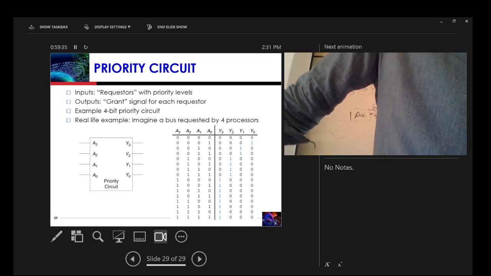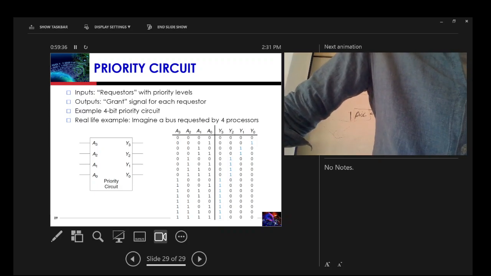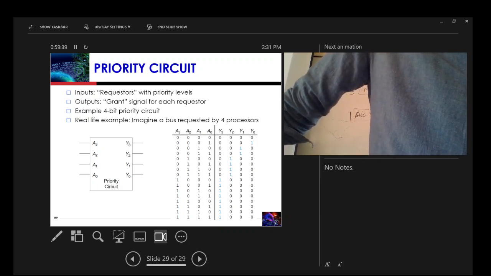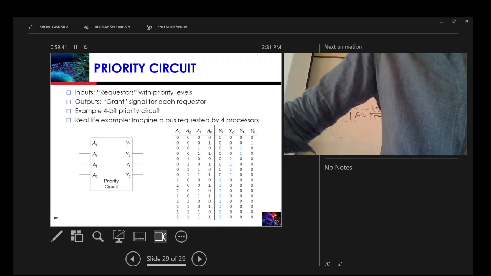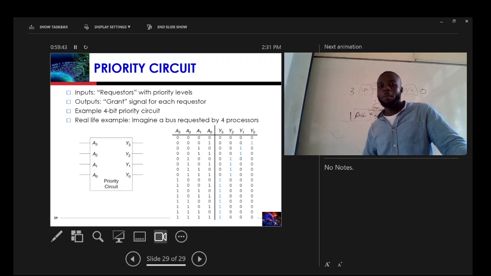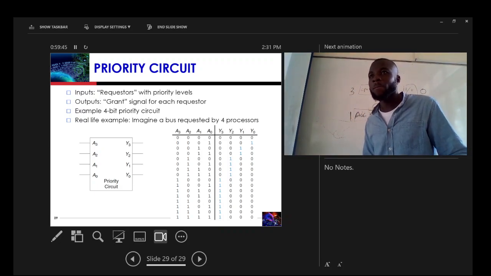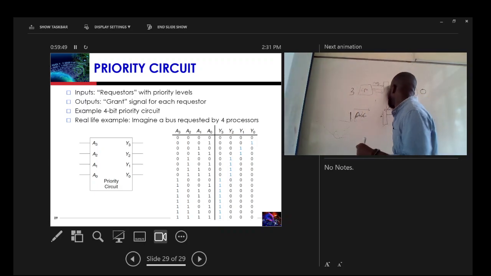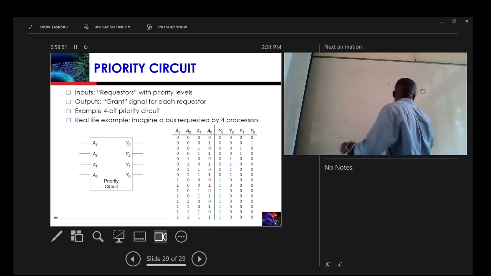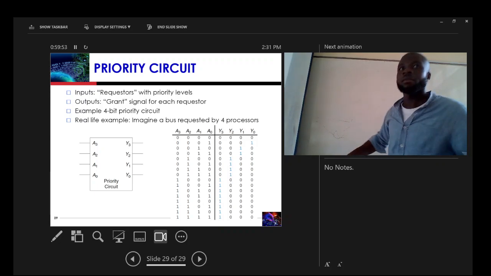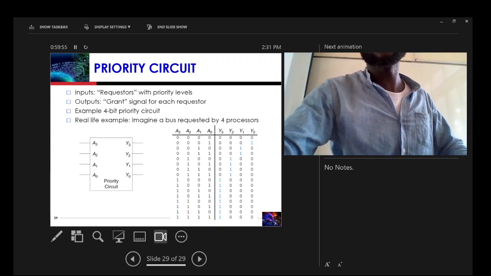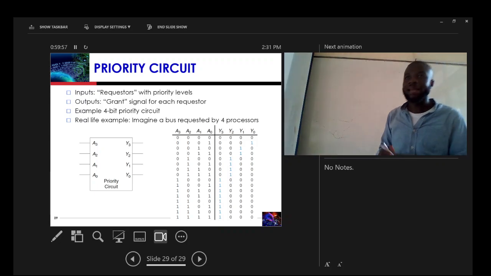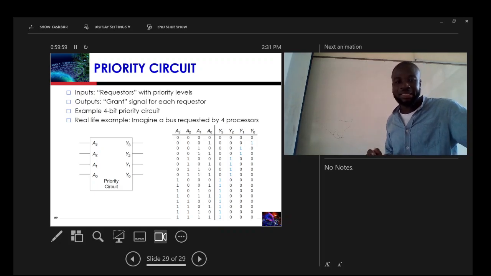Just think about it. Start with the output. Let's start with A3 and Y3.